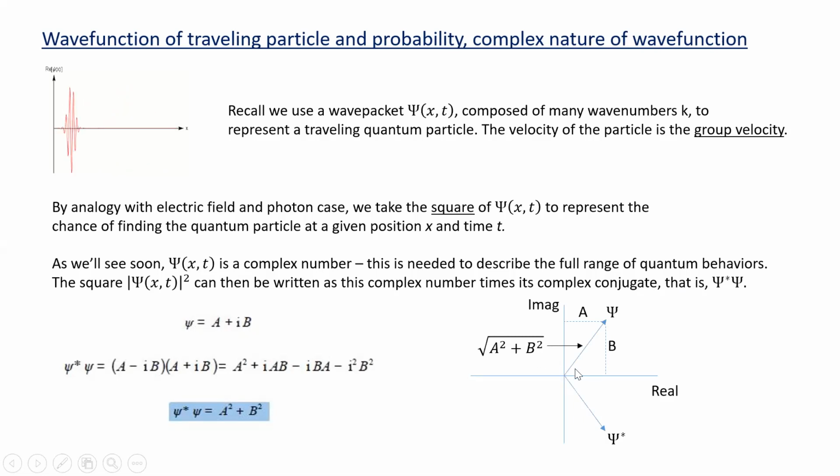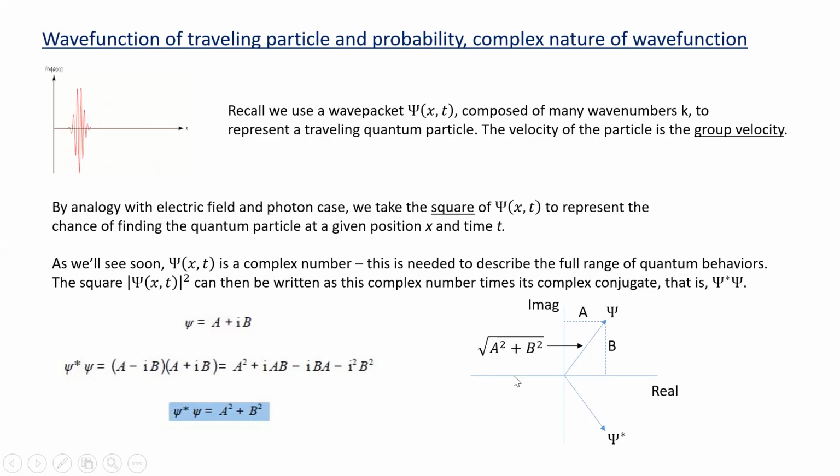That's represented here, where we have a real axis and an imaginary axis. Psi is this sort of vector in the plane, and a is the real part, parallel to the real axis, and b is the imaginary part. So it'd be a plus b times i to mark the imaginary part.